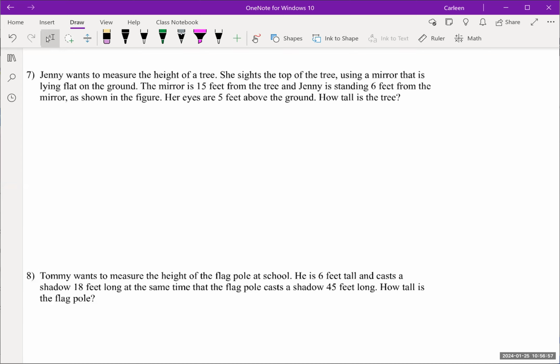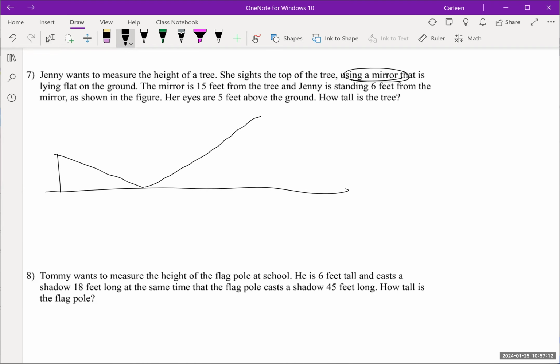You will need to understand the problem and be able to visualize the triangles. Okay, keyword mirror. So ground, Jenny looks at a mirror, the mirror reflects, and there's the tree. It's actually the top of the tree.